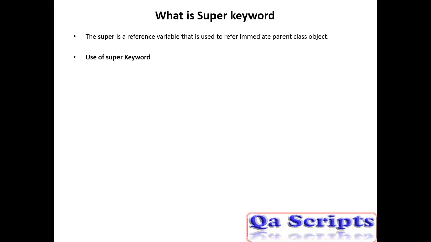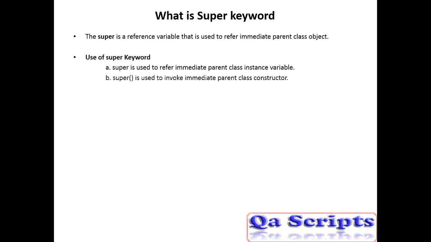There are three different uses of the super keyword. One is that super is used to refer to the immediate parent class instance variable. This time it's an instance variable in the first case. The second usage is that super is used to invoke the immediate parent class constructor.